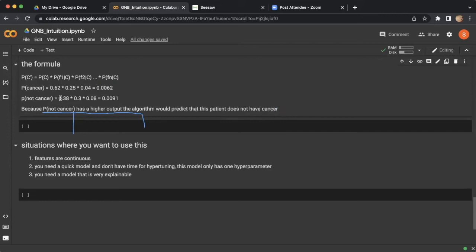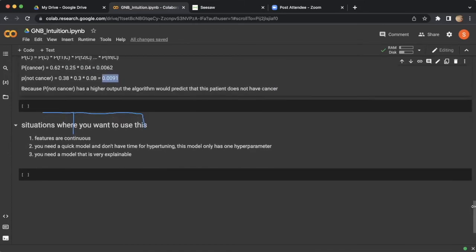Here we have the probability that any patient does not have cancer, multiplied by the probability that a patient has a radius of 15, given that they don't have cancer, multiplied by the probability that a patient has a perimeter of 110, given that they don't have cancer, all adding up to this value right here, which is a little bit higher. So in this situation, we predict that they do not have cancer.